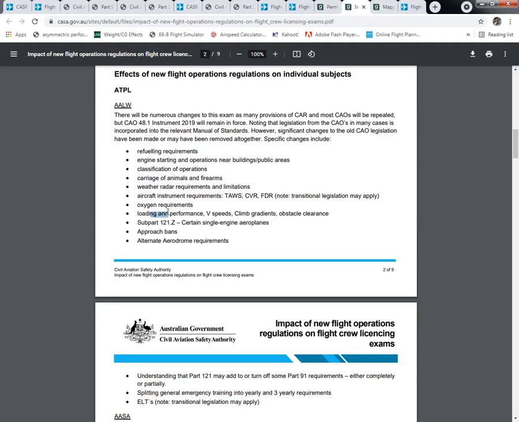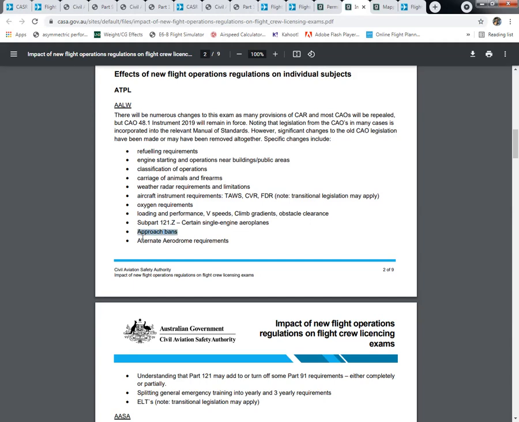There's a bit of difference in CAO 20.7.1B, which has moved over to the MOS of 121 in terms of certification for large aircraft, and there are a few singles that made it into 121 as well, certain specified single engine airplanes. Mostly it's twins in 121, but a few of the larger turbine singles made it into 121. They've introduced an approach ban for IFR.